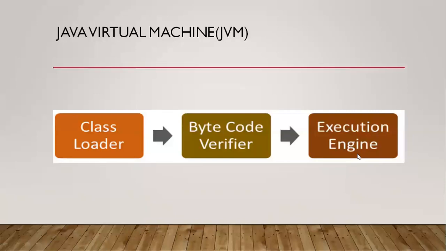And this is about our Java virtual machine. What is the Java virtual machine? It is an execution unit. In this JVM we have a class loader, which is used to load the bytecode program into the JVM engine.